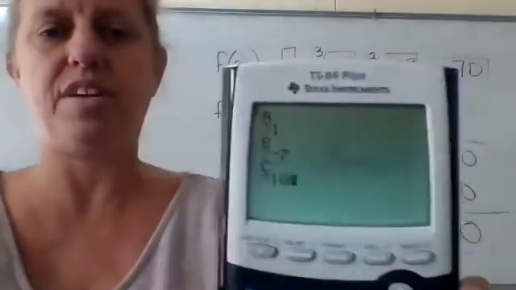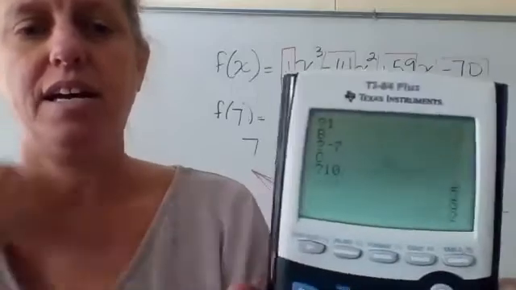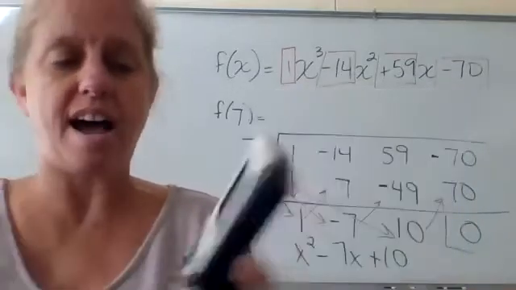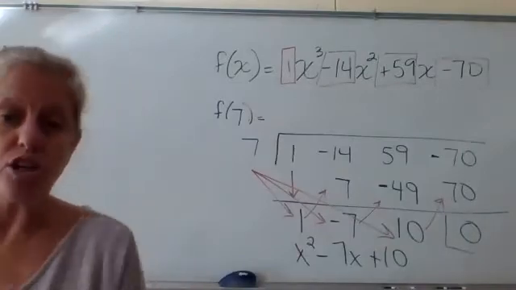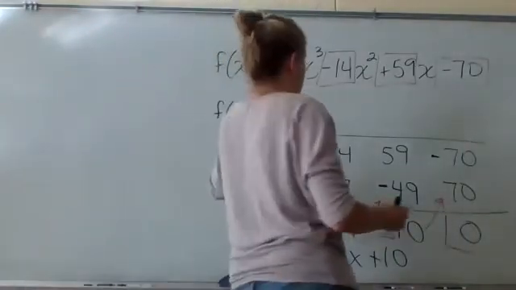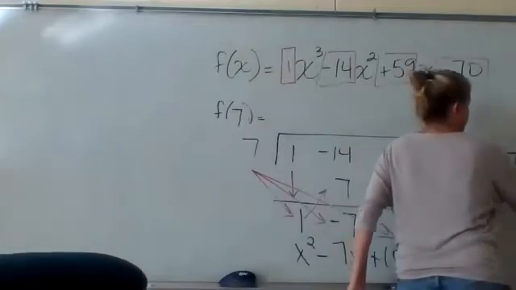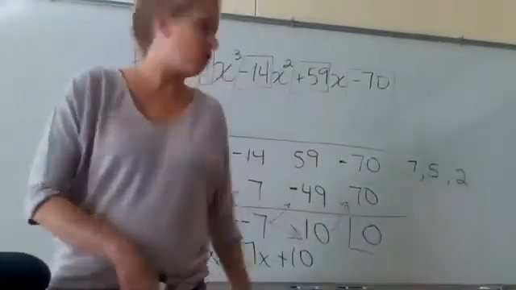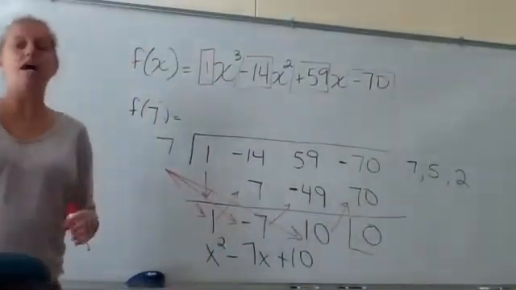And it finds the other 2 zeros for you, which are 5 and 2. We already knew 7 was, right? So your zeros would be 7, 5, and 2. Okay, this section doesn't require you to find all the zeros.